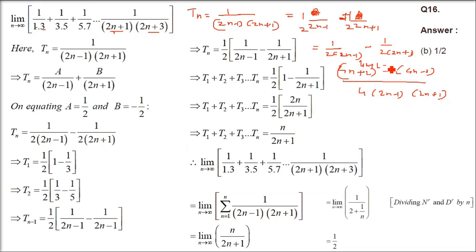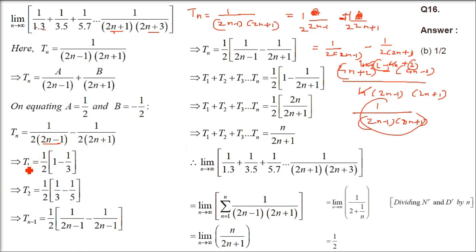Okay, so we have 4n plus 2 minus 4n plus 2, the 4n's get cancelled, you have 2, that is 4, 4 is already there in the denominator. So you have 1 by (2n minus 1)(2n plus 1), which I already told you is the same. And ultimately the final term is 1 by 2 times (1 by 2n minus 1 minus 1 by 2n plus 1).